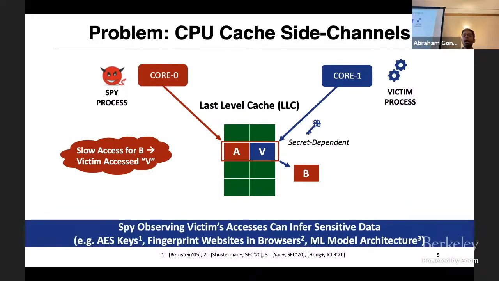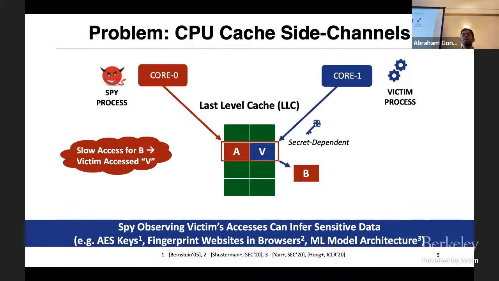And then the spy, by observing or timing the access for one of its addresses and observing a slow access, can learn that the victim process accessed that set. And it can also learn which address the victim accessed, because there is a deterministic relation between addresses and cache sets.